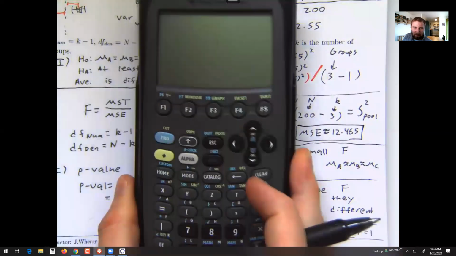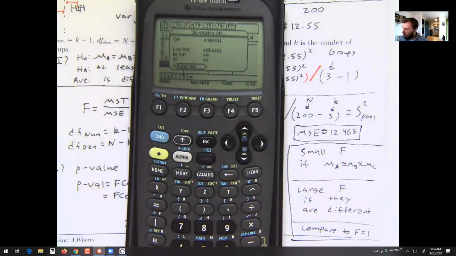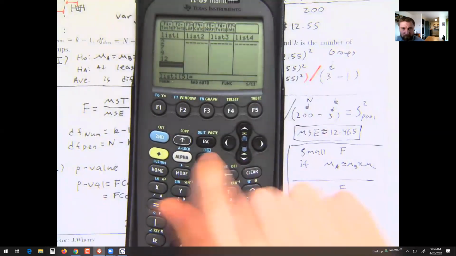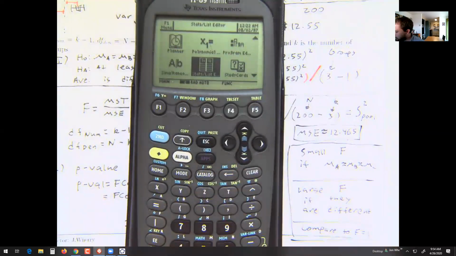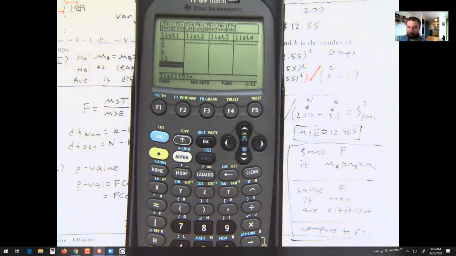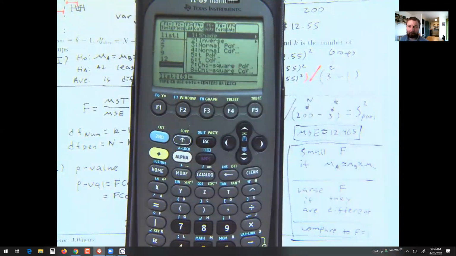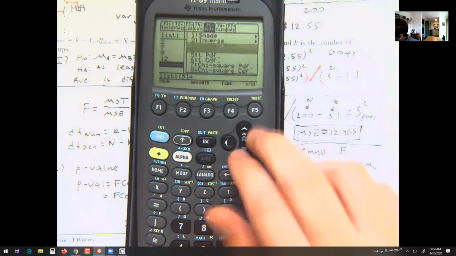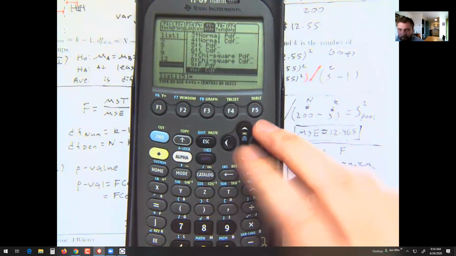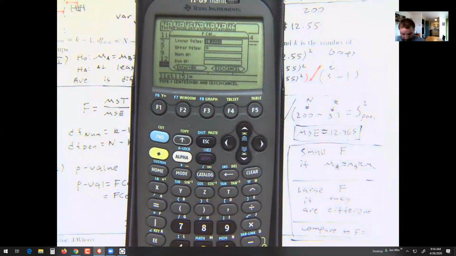In the TI-89, I am going into apps and then stat list editor. I'm going up top for distribution, so F5. And I'm choosing the F-CDF. I have my 29.26 value for my lower.